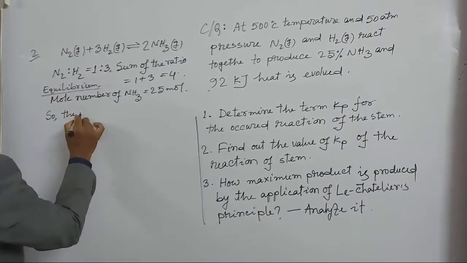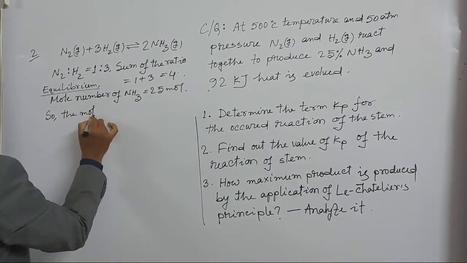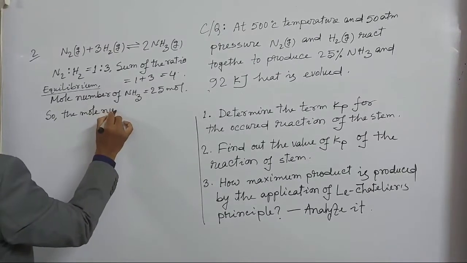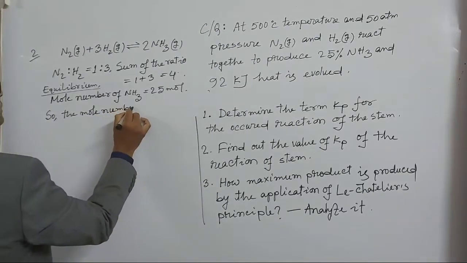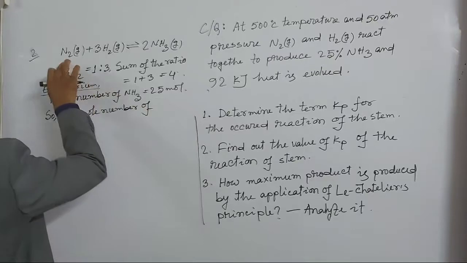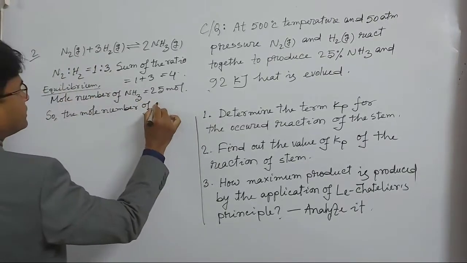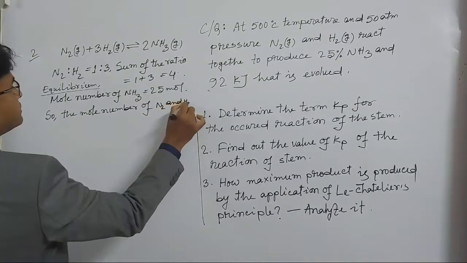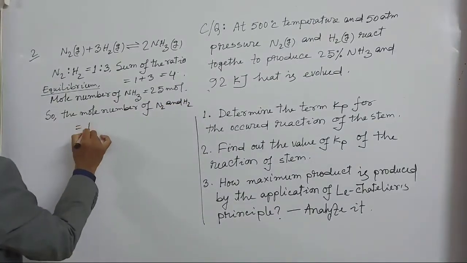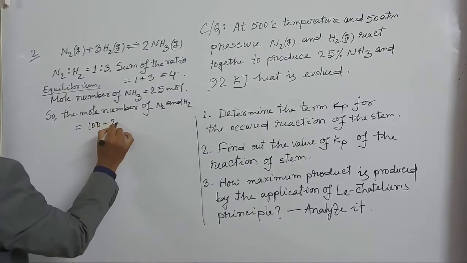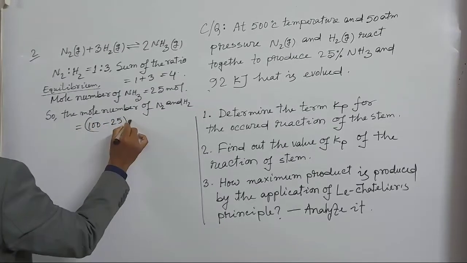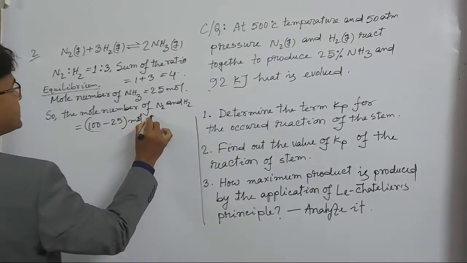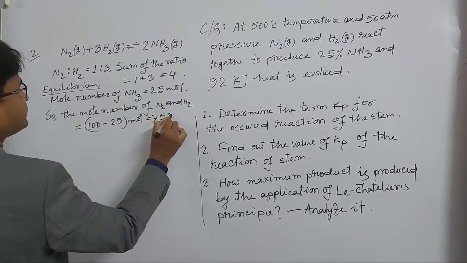So the mole number of remaining nitrogen and hydrogen is equal to 100 minus 25 mole, which is equal to 75 mole.